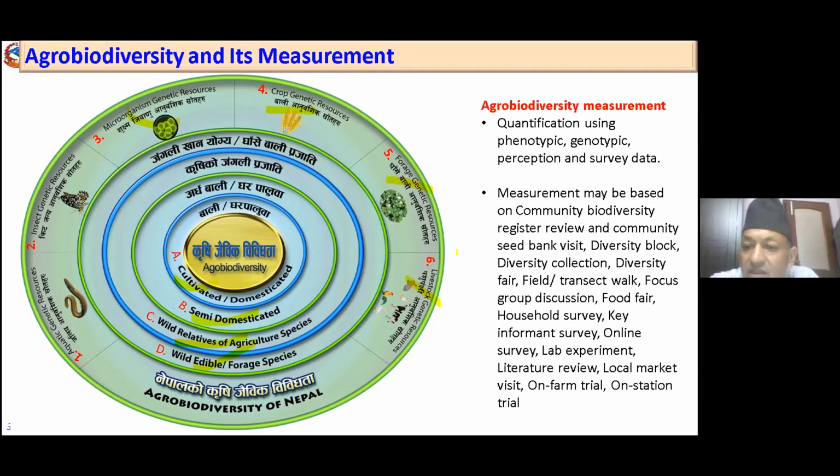And there are different kinds of measures or methods we can use to collect the data. Here are some lists, and these lists were based on our experience in Nepal. We organize diversity blocks, diversity fairs, transect walks, and others.